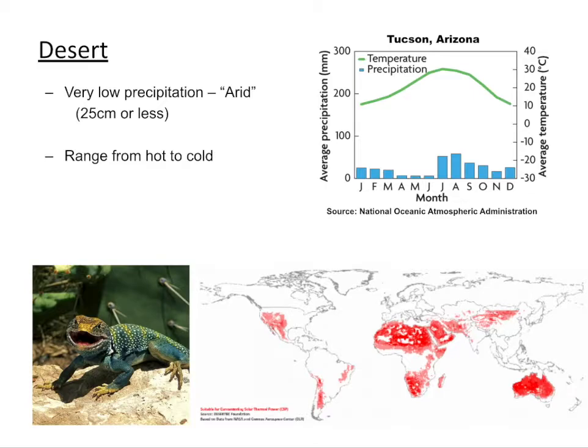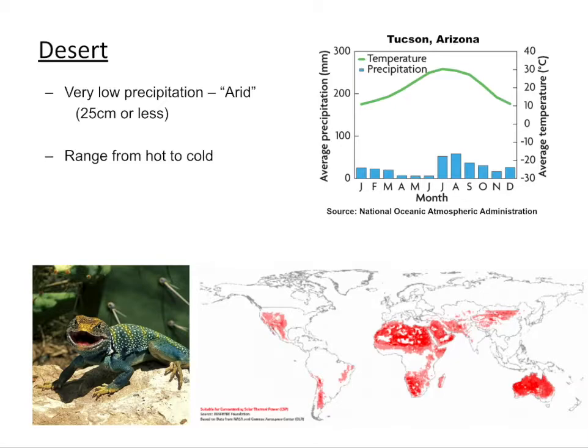Okay, and then if we look at our deserts, they will have very low precipitation. They're arid. So 25 centimeters or less of rain on average. So that is what makes a desert a desert.